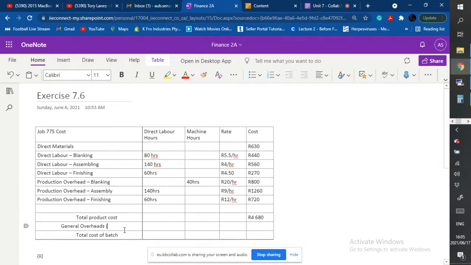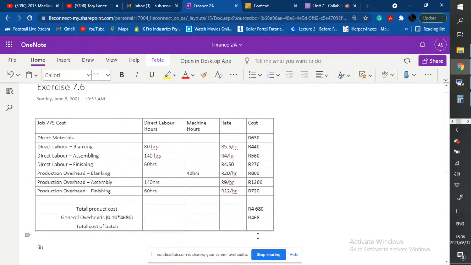So we're saying 10%, so 0.10 times 4,680. Okay, and that you can actually work out in your head, because that's obviously just drop a 0 there, so that's going to be 468. Okay, then you add that and you're going to get your total batch cost.